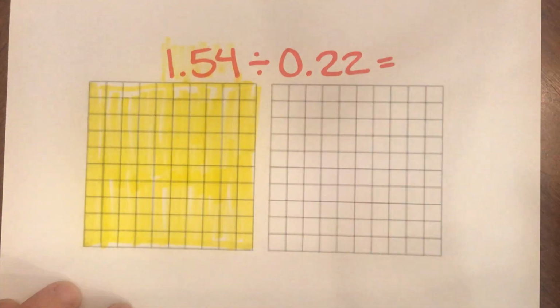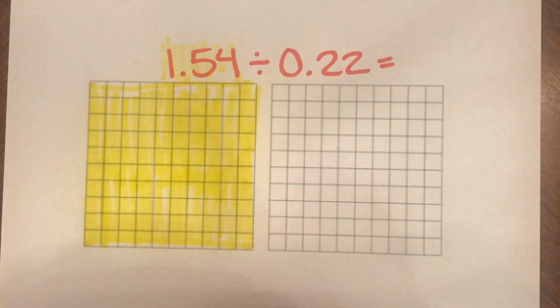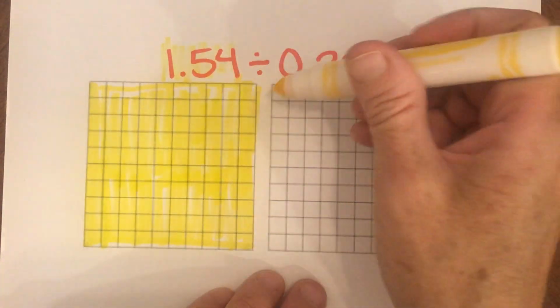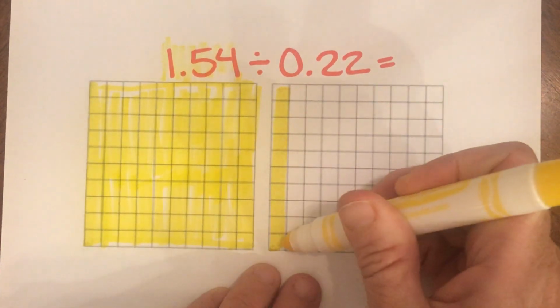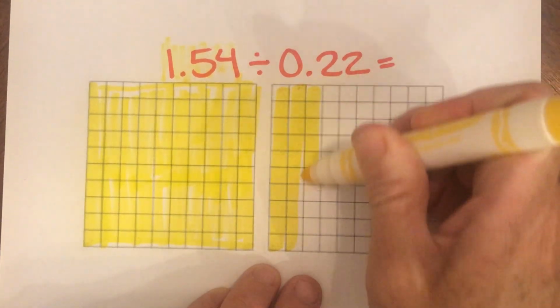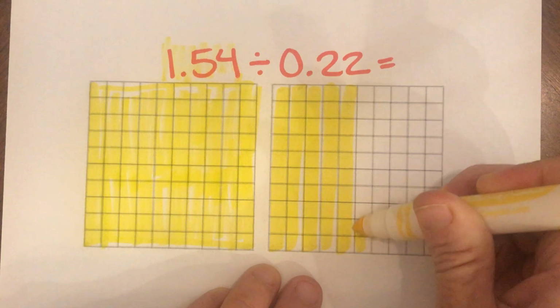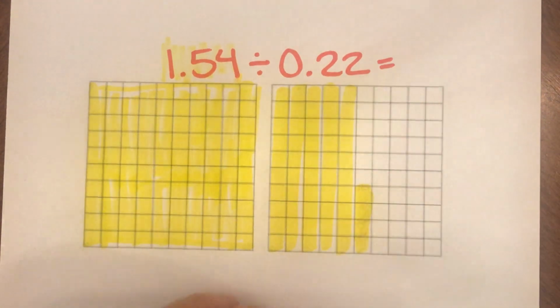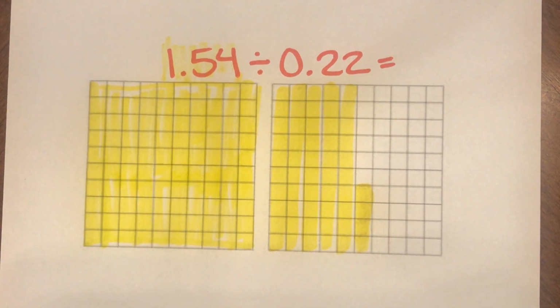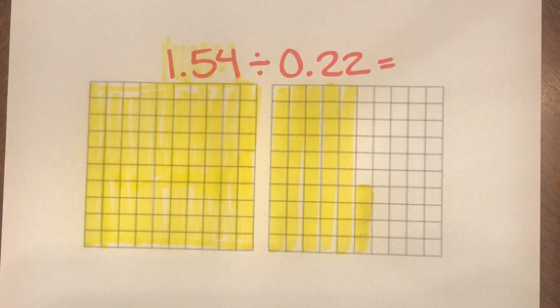And again, friends, you're going to want a highlighter or a marker or something to color. And then I have 54 hundredths. So I have 10, 20, 30, 40, 50, 1, 2, 3, 4. So that's what 1 whole and 54 hundredths looks like.